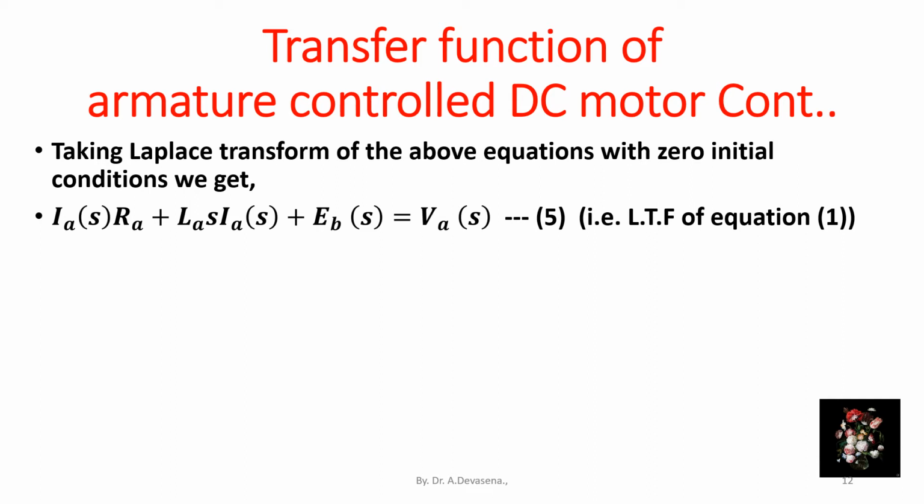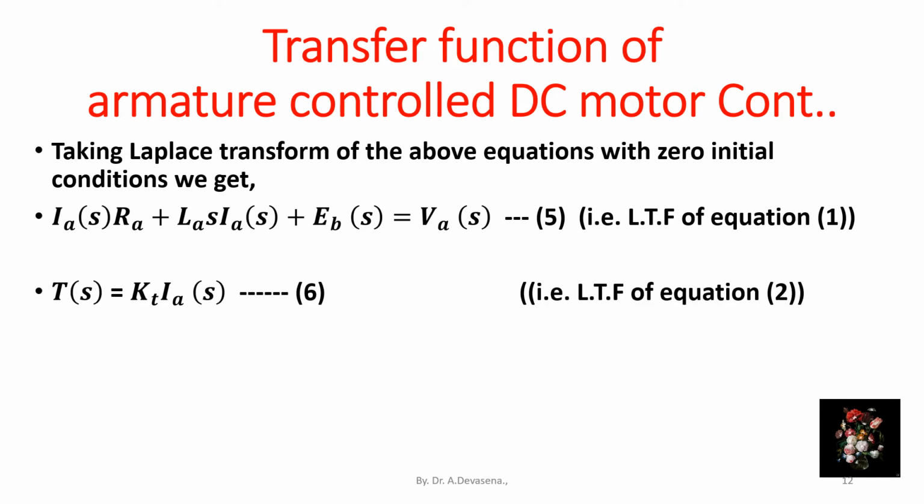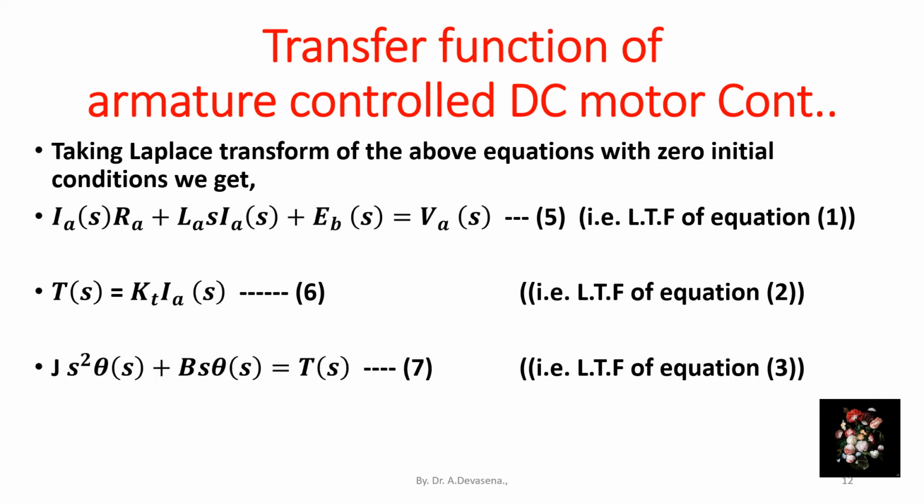That is, if we take the Laplace transform of equation 1, we get equation 5. And T(s) is equal to K_T I_A(s). This is equation 6. That is, if we take the Laplace transform of equation 2, we get equation 6.